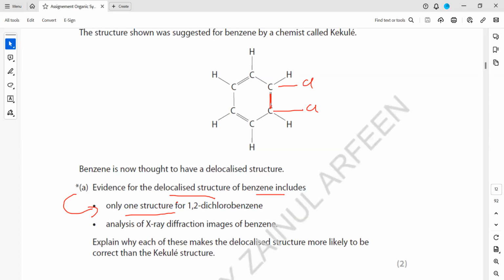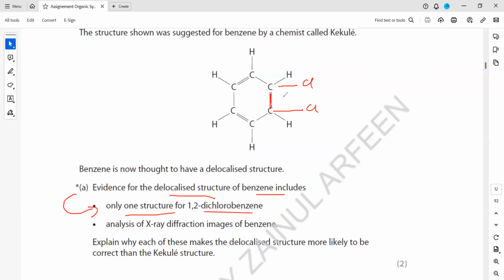So if we check the isomers of dichlorobenzene, in which one has a single bond between the carbon atoms bonded to chlorine and the other has a double bond, we don't find them.